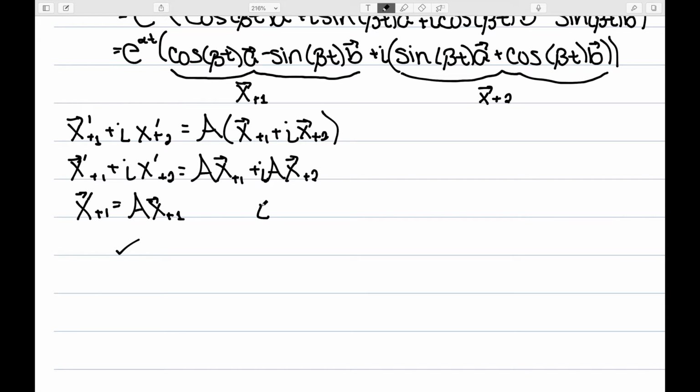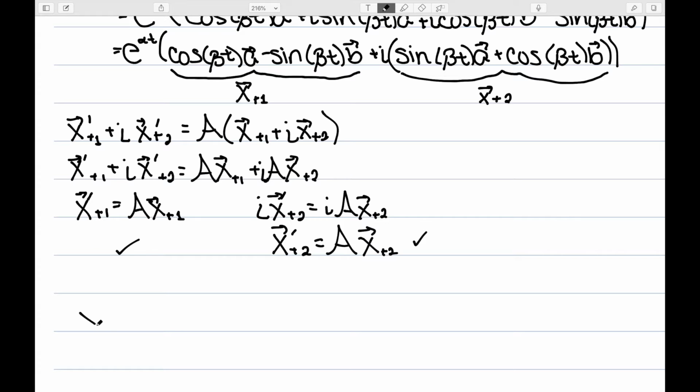When I do the imaginary parts, I have i times that derivative equal to iA times that second vector. I can divide through by i, and once again I get back to my differential equation. So this implies that I actually don't even need that i in this vector.